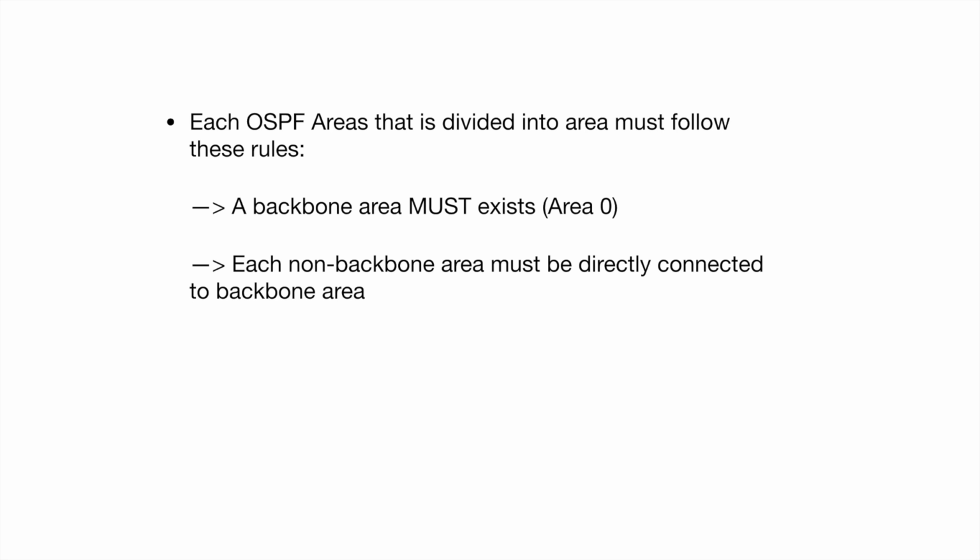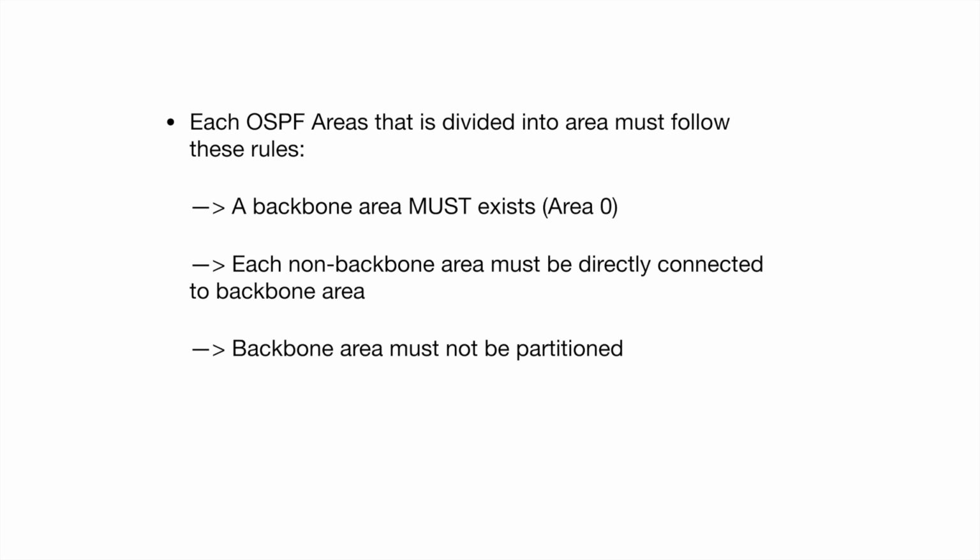Both of these areas have to have a link to area 0. They first talk to area 0 and then to a different area, and the same process in reverse. That is essential. And when I say it must be directly connected, I don't mean physically directly connected. This is where the ABR, the area border router, and virtual links get introduced. Those are the ways we accomplish this.